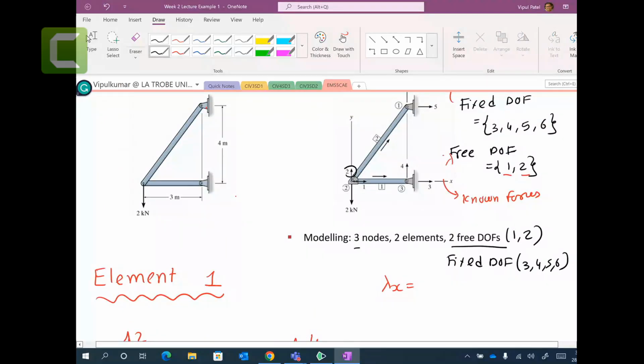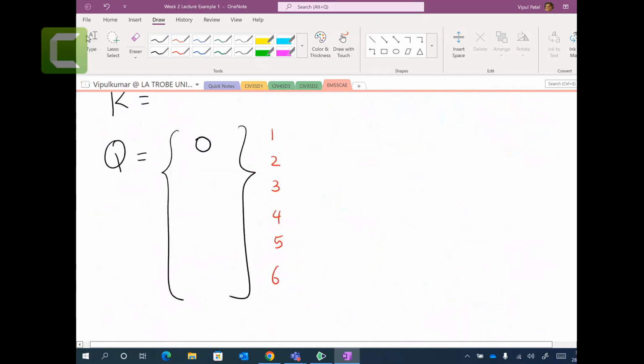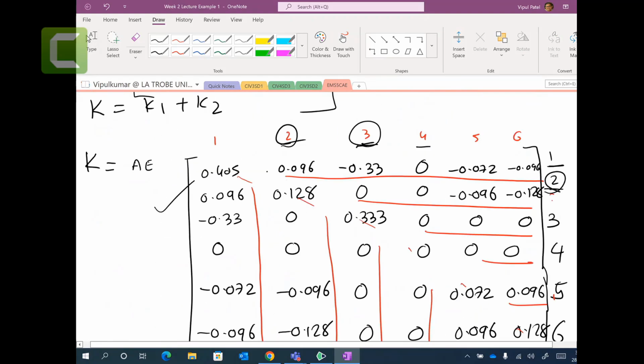What about the second one? Yes, there is a force in the second direction, and this force is opposite, because this direction 2 going upwards is positive, but this force is going down. Therefore Q2 would be minus 2. We don't put the unit, just keep it consistent that we are working in kilonewtons. So minus 2.